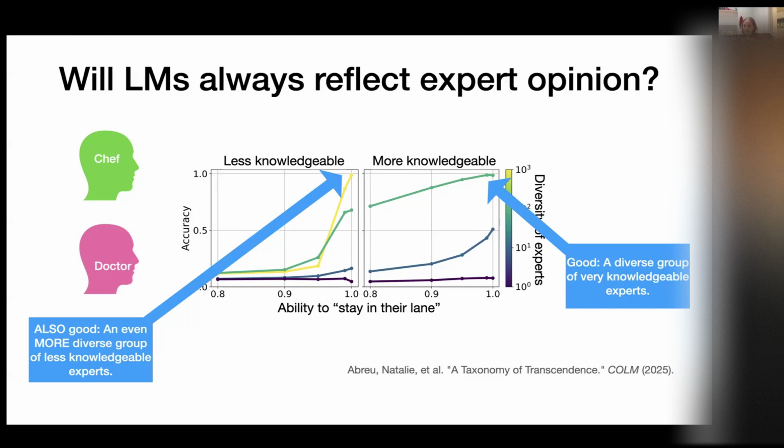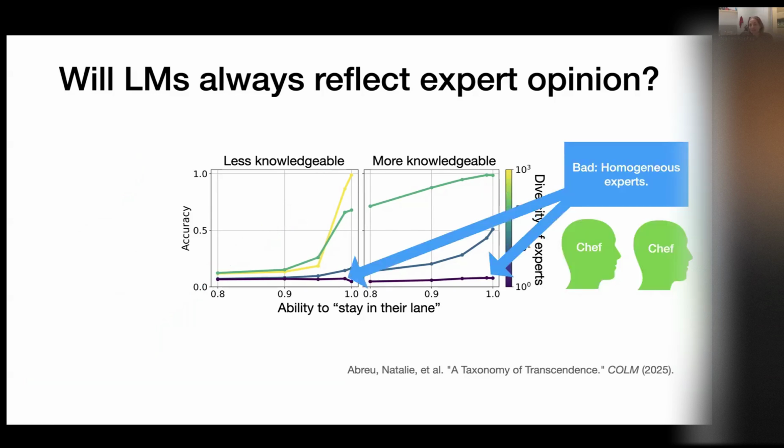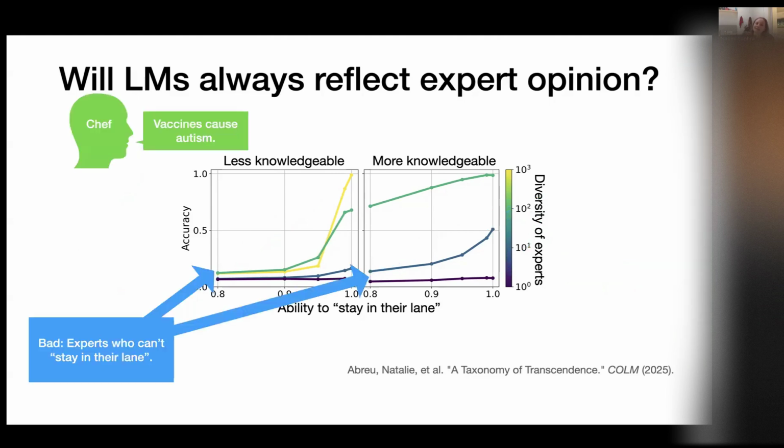We can get the same performance from an even more diverse group who all individually happen to know a little bit less, right? But it's a problem if we don't have a diverse pool of experts, like don't have any diversity, right? And it's a really big problem if these experts talk about the wrong things.